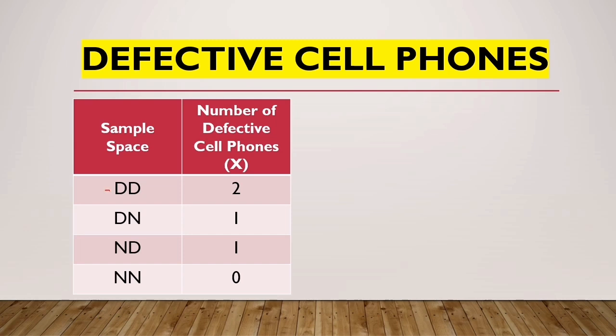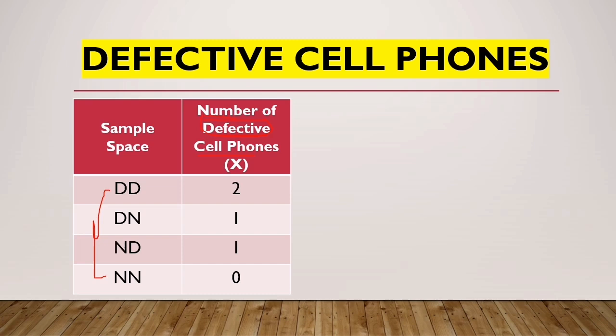We have 4 possible outcomes, which are what can happen in your experiment. On the second column, we have our random variable, which is the number of defective cell phones. So we are concerned with the defective cell phone, the one that is broken, not okay.